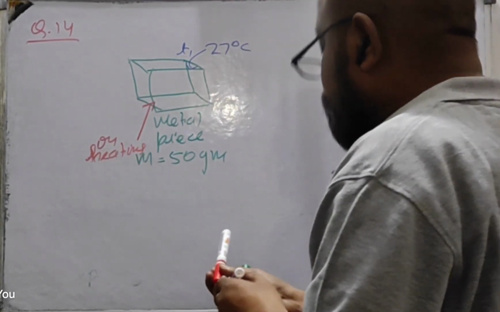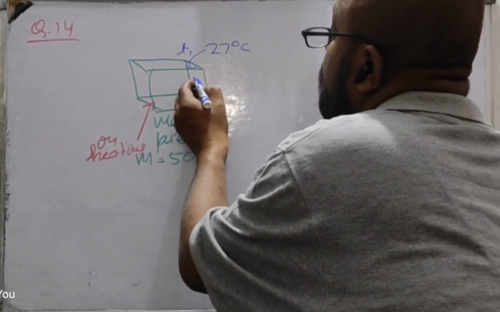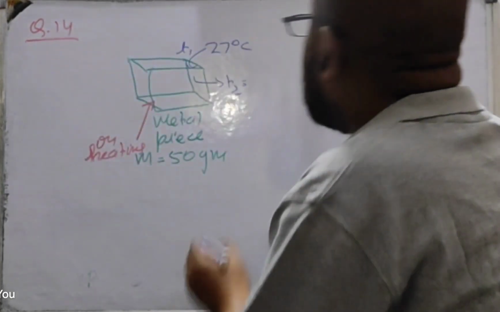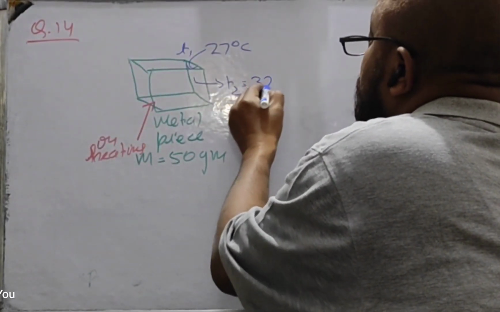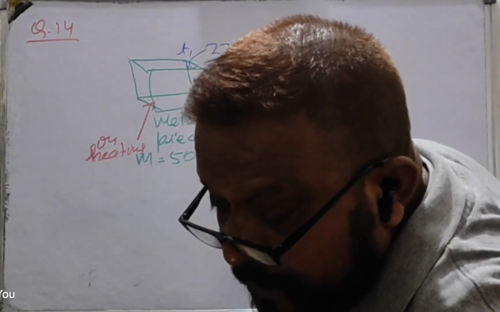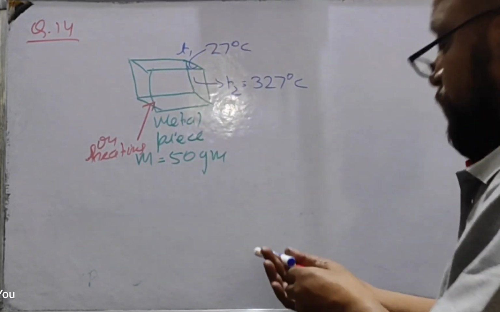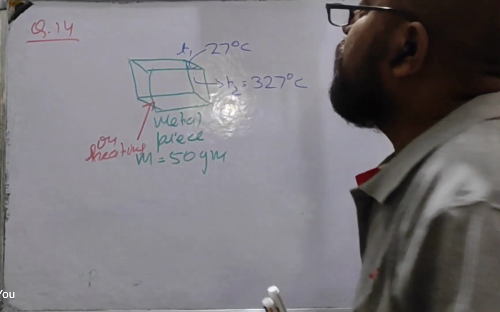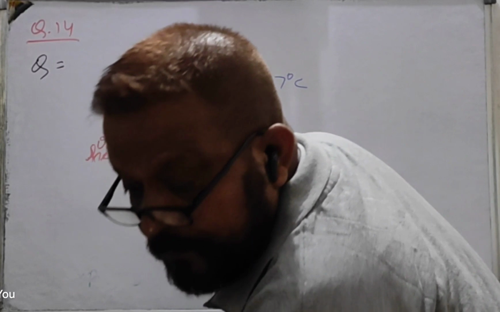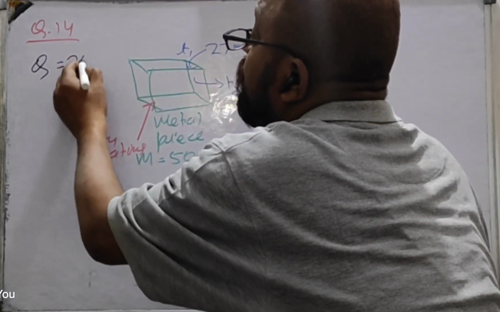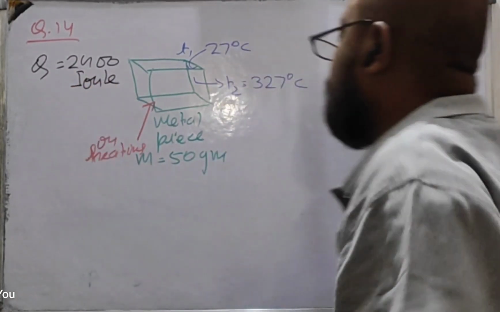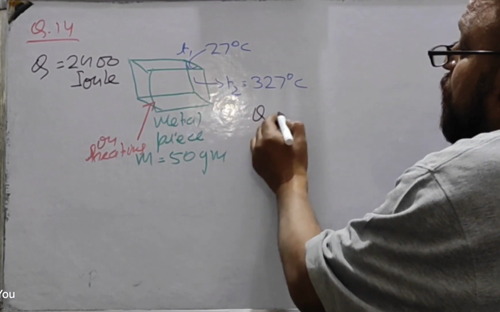on heating, T2 is 327 degrees Celsius. By heating a metal piece of mass 50 gram at a temperature of 27 degrees Celsius, it reaches a temperature of 327 degrees Celsius, and the energy in this process, Q, is equal to 2400 joule.